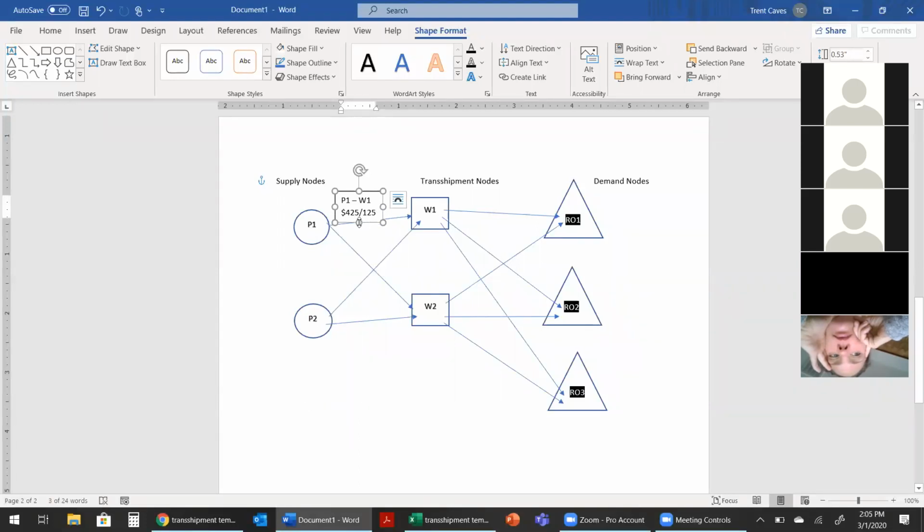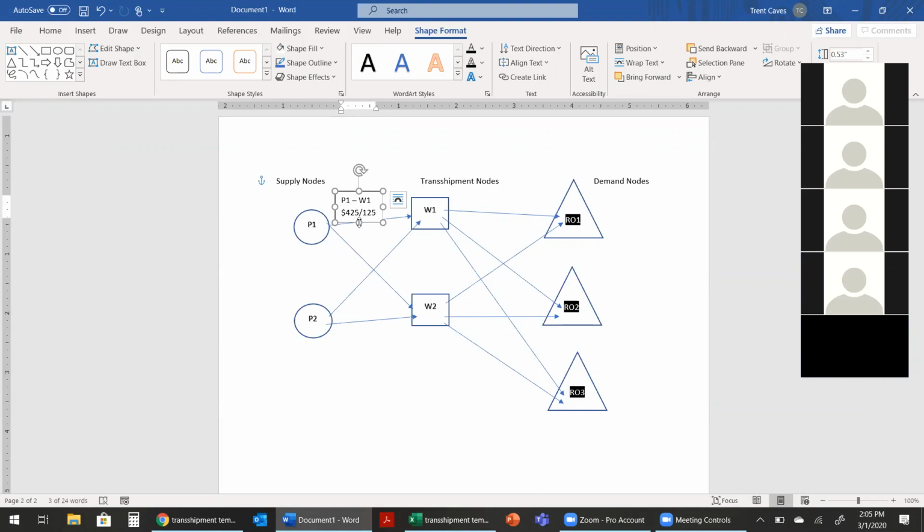Does everybody see where I got that information from the charts from the homework assignment? Yes. So once you have one created, if you copy it and paste, then all you have to do is update the numbers inside. Plant 1 to warehouse 2 has a shipping cost of $560 and a capacity of 150 units.